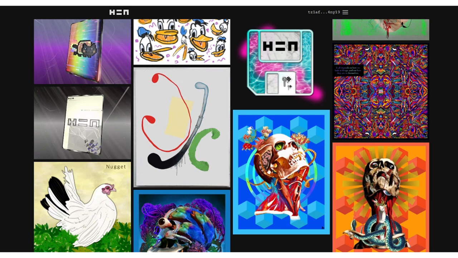Great platform, lots of artists from all over the world posting their digital art here. And due to the low fees, the low gas costs, it's very cheap and accessible to mint something. It goes to about 20 cents or even less than that to mint a piece, which is really remarkable, honestly.